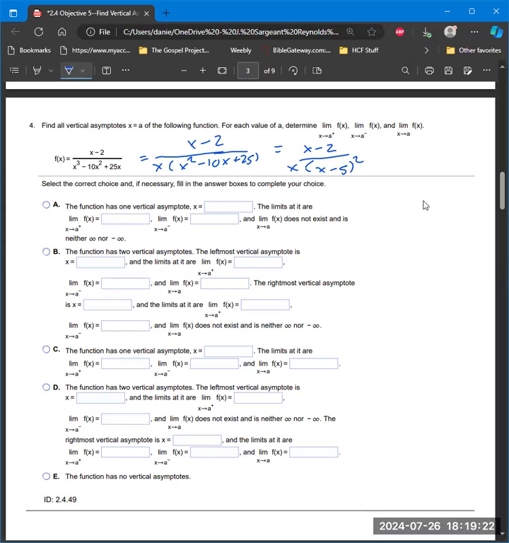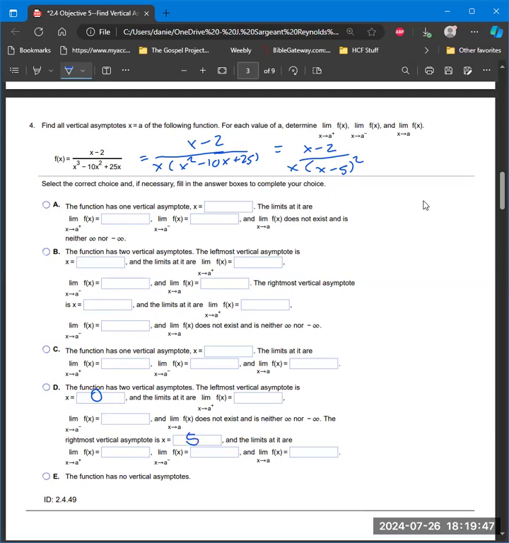One of them is at x equals 0 and the other is at x equals 5. So we are option D here. The leftmost vertical asymptote is at x equals 0. And the rightmost asymptote is at x equals 5.